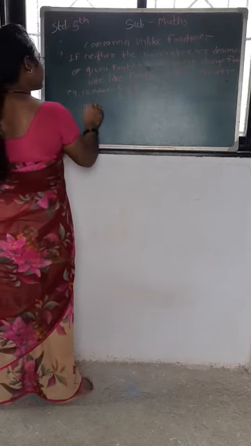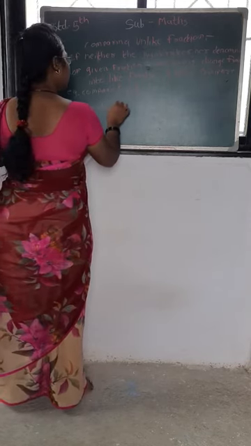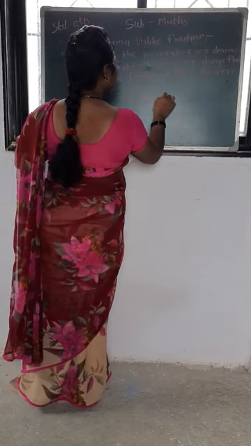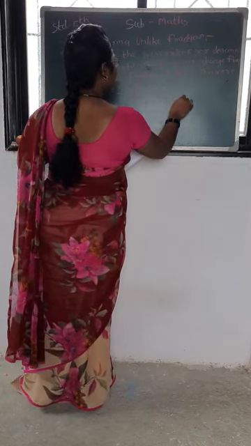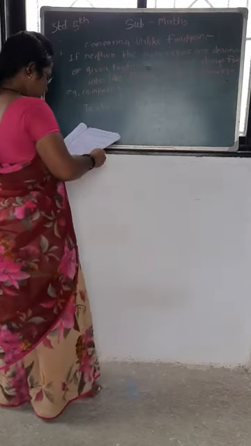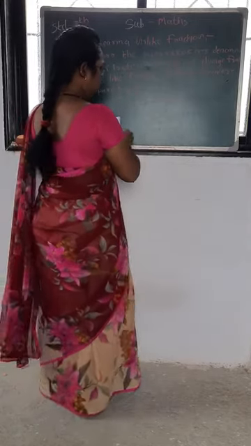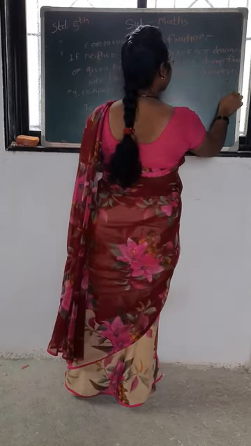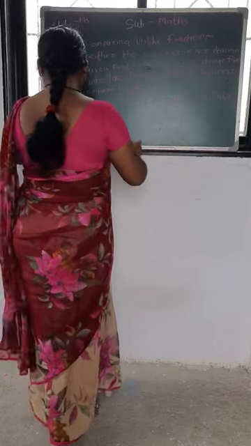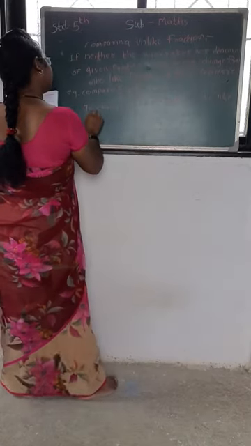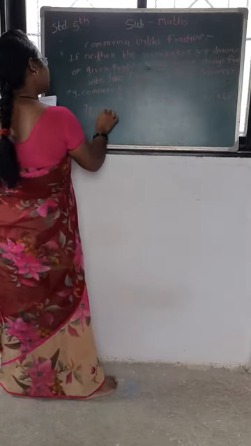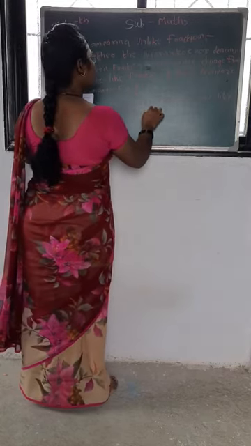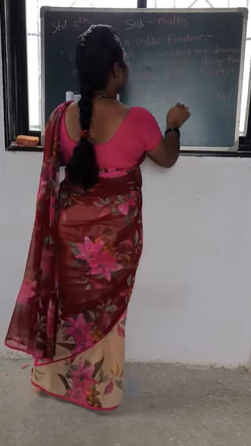To change unlike fractions into like fractions, first we find the LCM of the denominators.